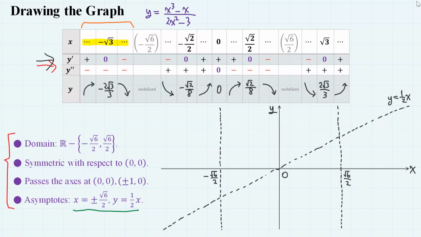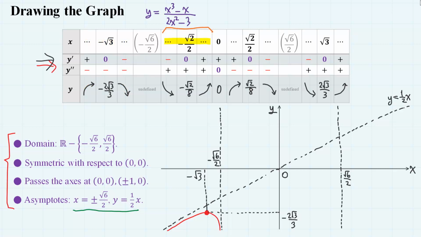So for this part, the graph increases then decreases, but the curvature remains concave. So we have the graph, and of course the graph has to approach these two asymptotes. And this is the local maximum point, minus square root of 3, minus 2 square root of 3 over 3.